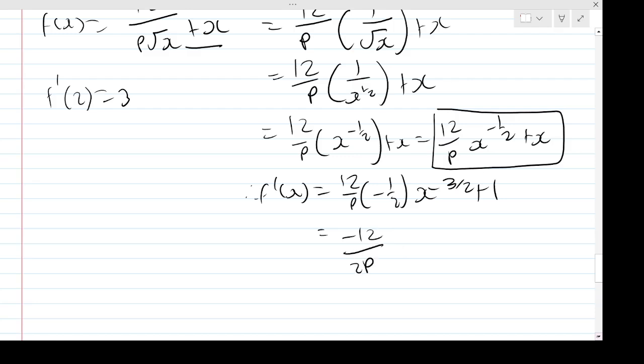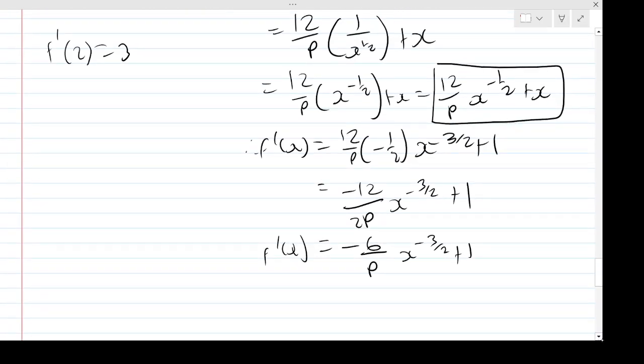Right, and actually 2 is a common factor because minus 12 is 6 times 2, so I could say that that is minus 6 over p, and then that's minus 6 over p, x to the minus 3 over 2, add 1, and that's my simplified expression for the derivative. Okay, so again, it might look a bit ugly, there's p's involved, but hopefully you've seen how I got to that point. And yeah, so this is my derivative.